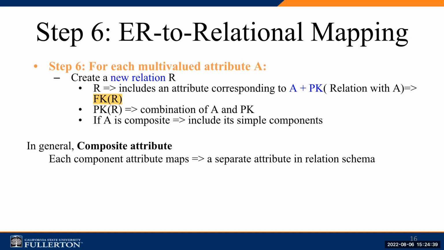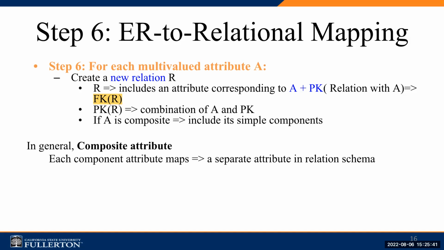In the next step, we look into the multi-valued attributes, and any attribute which is multi-valued would be denoted with the notation A. Here we would create a new relation specifically for every multi-valued attribute, and the relation would have an attribute for A as well as the primary key of the relation which had the attribute A, as a foreign key of this new relation.